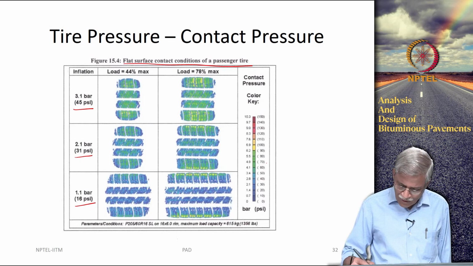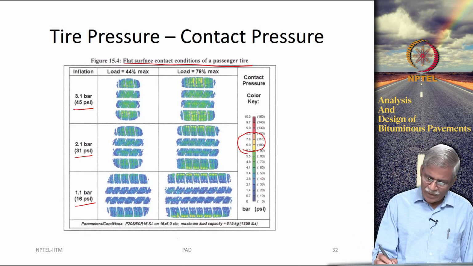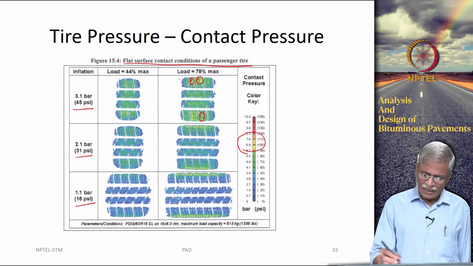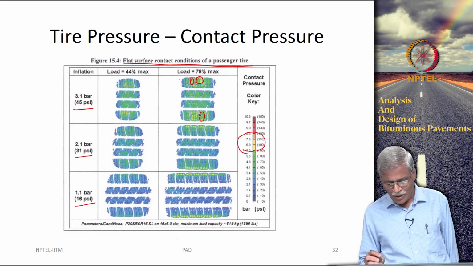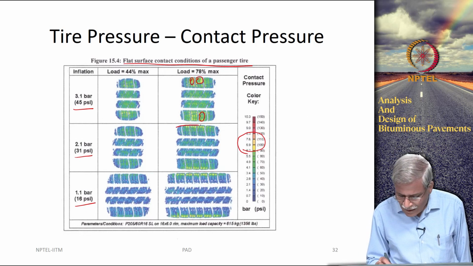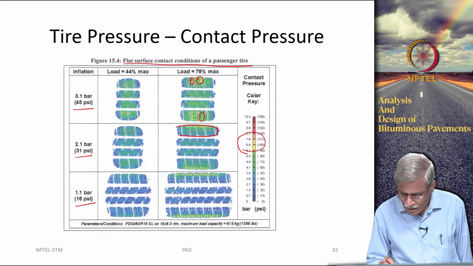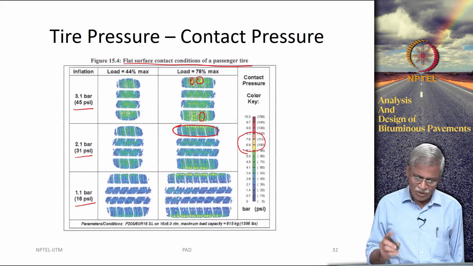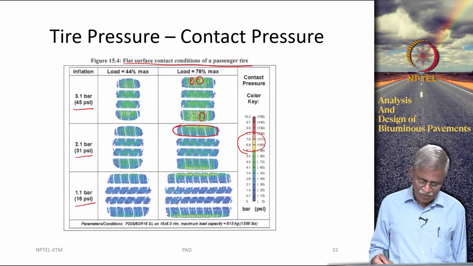If you also look at the color key here, you are going to see that this portion, where you can see these streaks, they are going to be different. But what is very important for you to understand is that this contact area seems to be slightly elliptical. So, this is going to be very important.